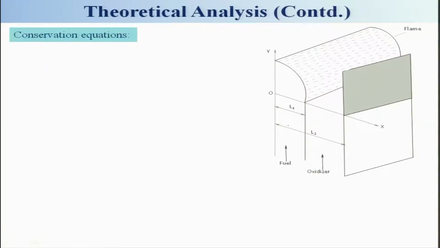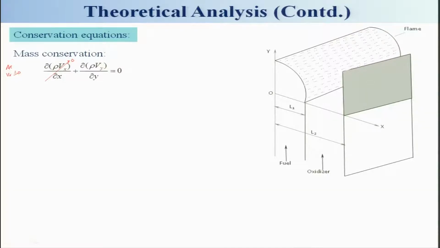So, let us look at the mass conservation equation. For the steady flow, we know that this is ∂(ρVx)/∂x plus ∂(ρVy)/∂y is equal to 0. In this case, Vx is not changing in this flame region, so this term will be 0 as Vx is 0, which we are considering.